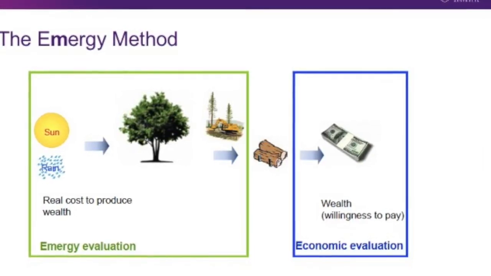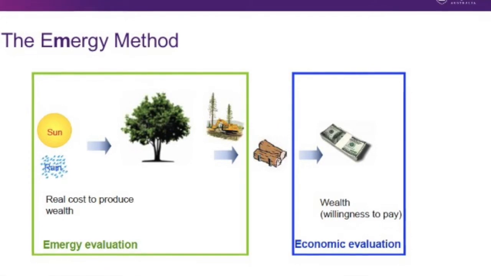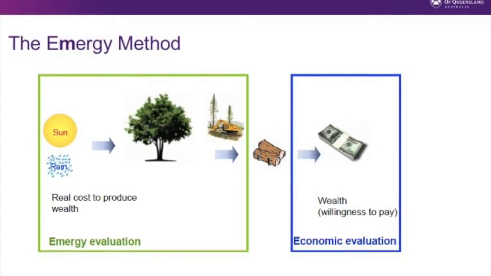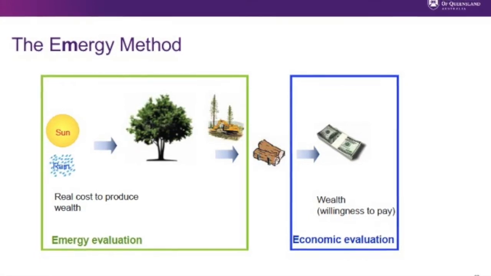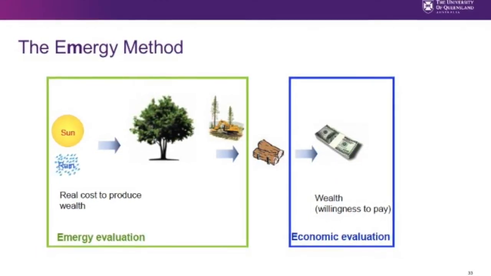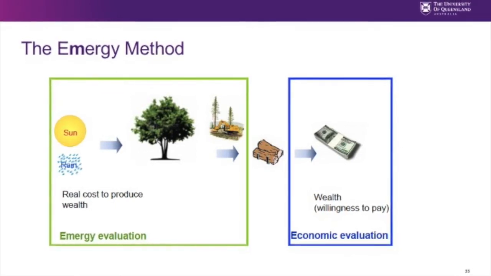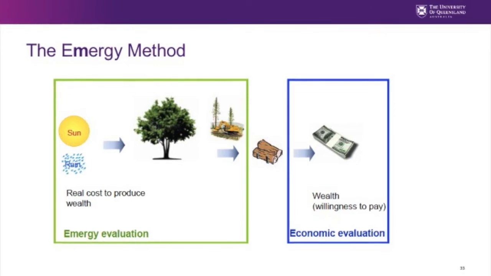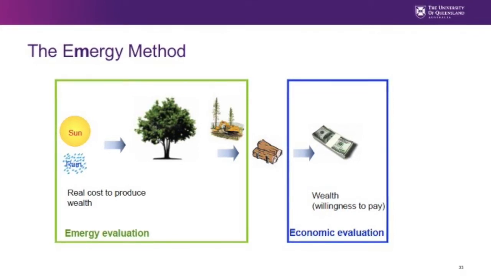We have stated that all sources of energy are coming from the sun, except geothermal energy, of course. In this figure, we have the energy captured in a tree, and then the wood or material is extracted, and this has an economic value.